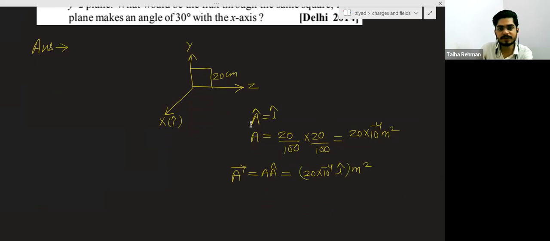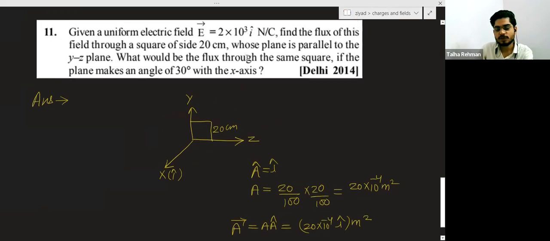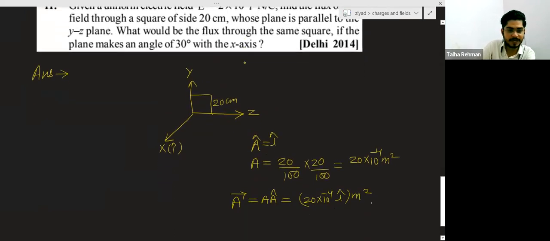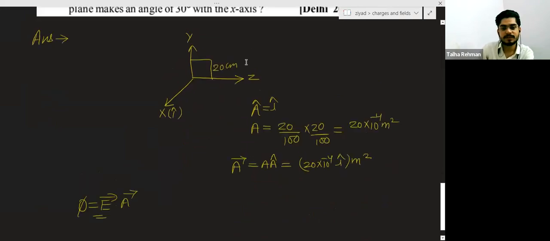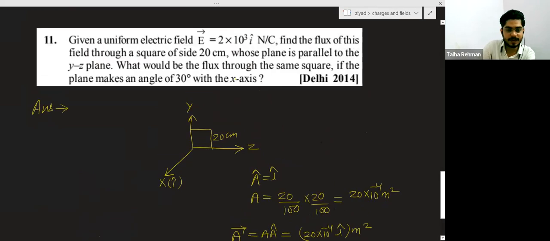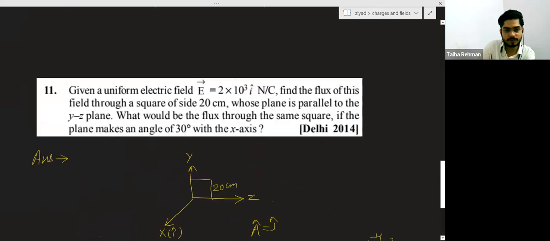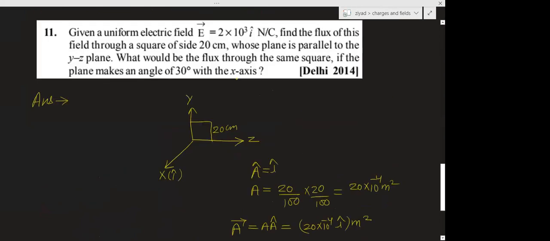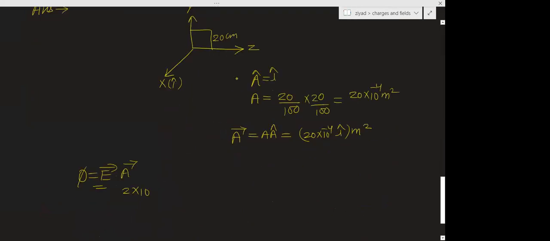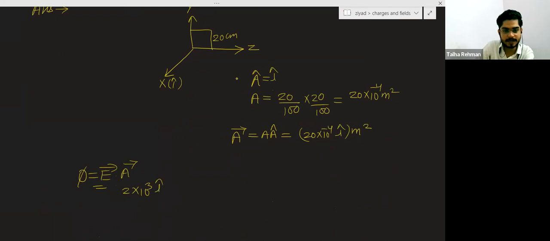And the electric field is given, so you can simply apply the formula phi is equal to E dot A. E is given as 2 into 10 to the power 3 I cap, and you take the dot product with the area vector 20 into 10 to the power minus 4 I cap.